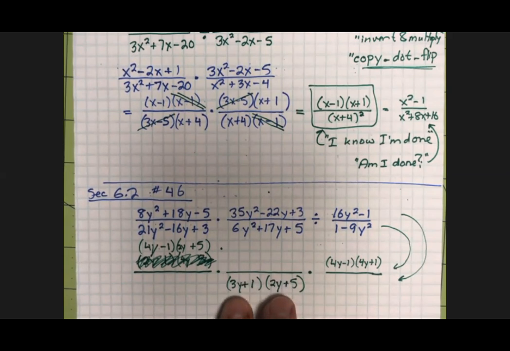Do I have this one right? 6y squared plus 15y plus 2y is plus 17y plus 1 times plus 5 is plus 5. Okay. I've got 3 of them.